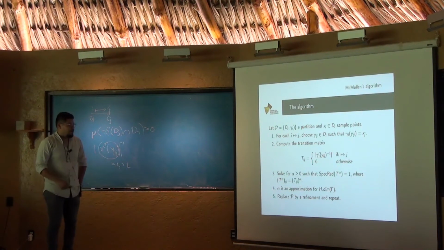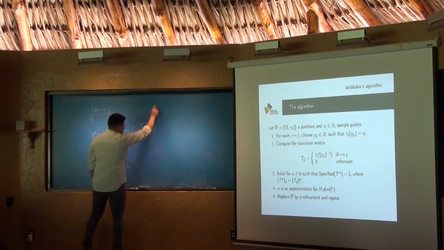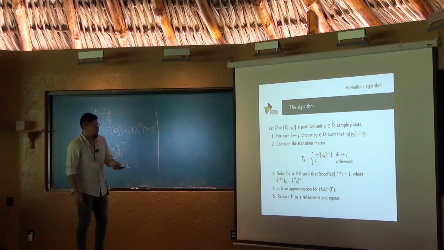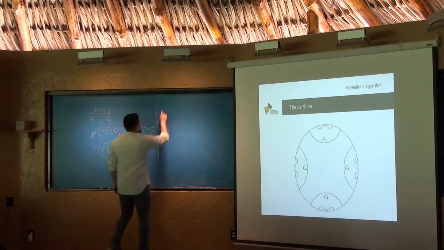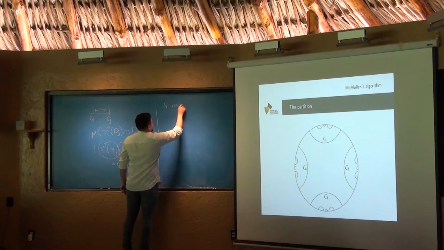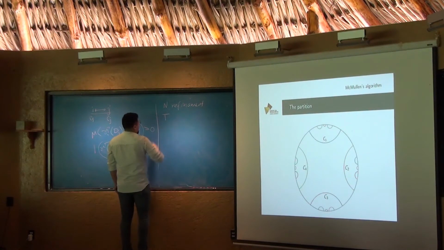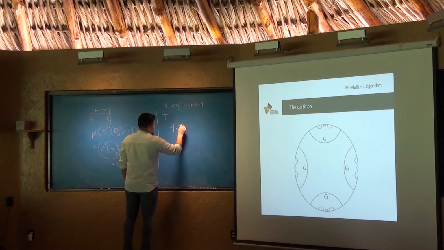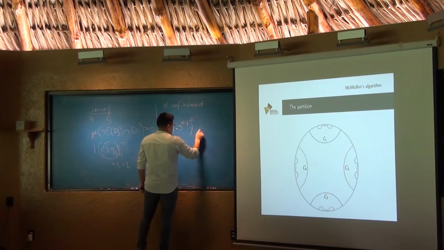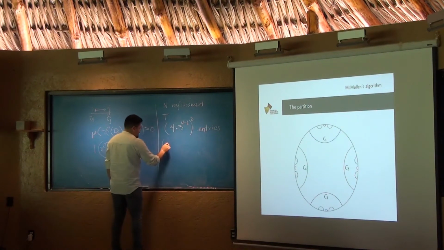What is a bad part of this algorithm is that for the previous Schottky group, if you do an n refinement, the transition matrix has 4 times 3 to the n minus 1 squared entries. And it is sparse.